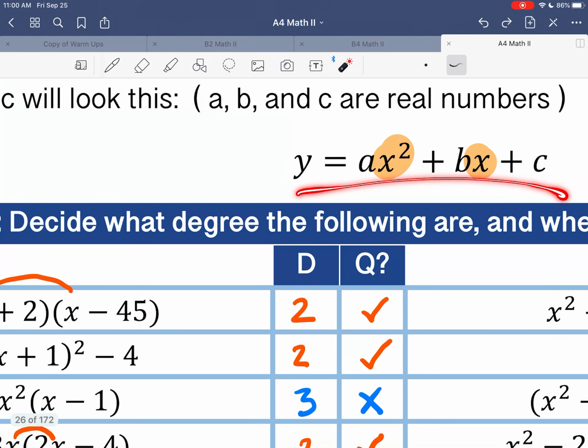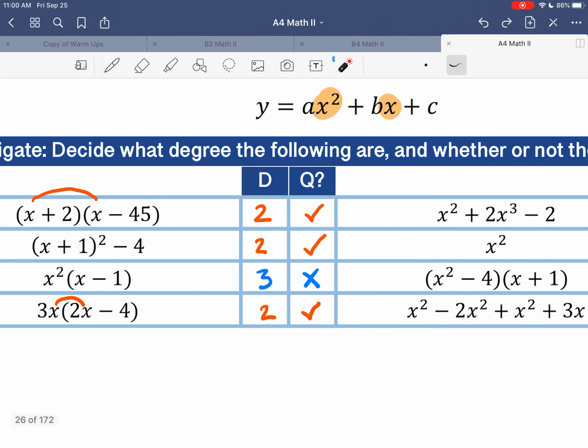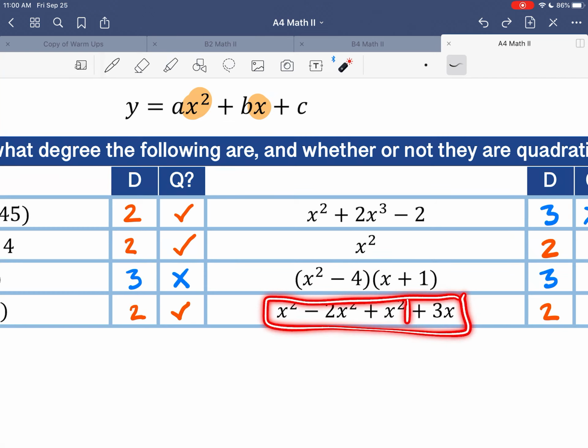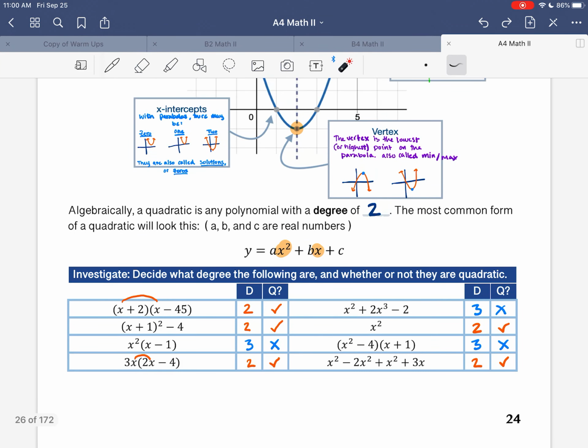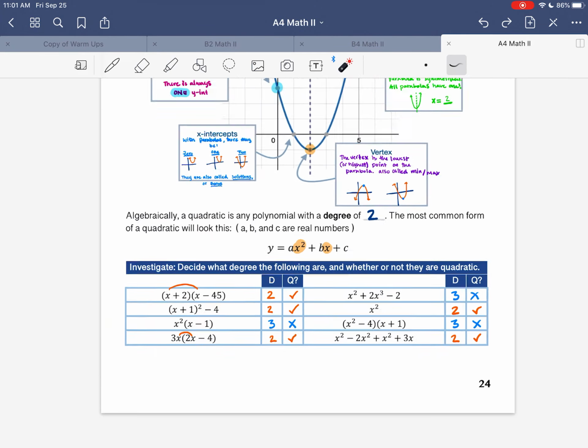They could look like two binomials multiplied together. They could look like this with a distribution happening. They could look like this with nothing except for an x squared, or they could look like this convoluted thing where we haven't combined like terms yet. So they can look really different, but the defining feature is that they have a degree of 2, which we can always figure out by doing a little bit of distribution or just investigation there.